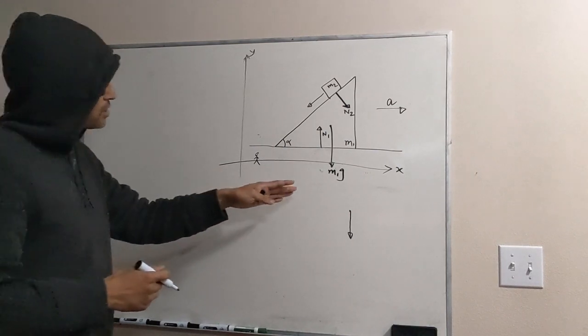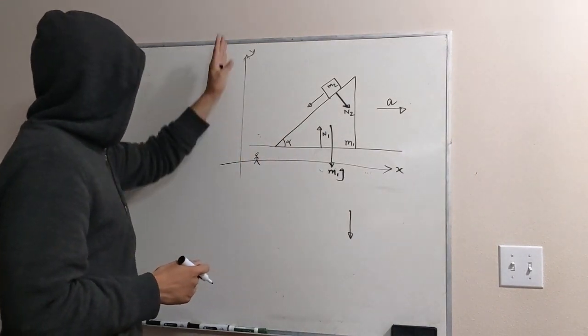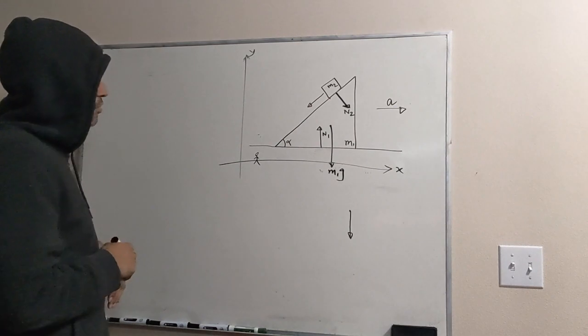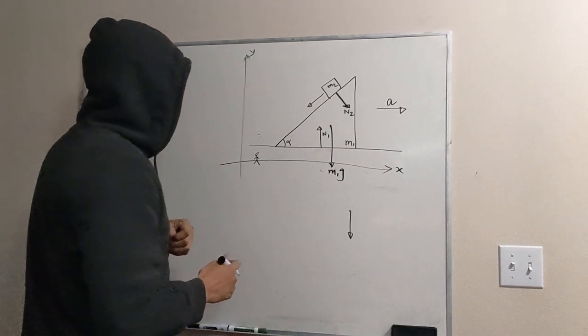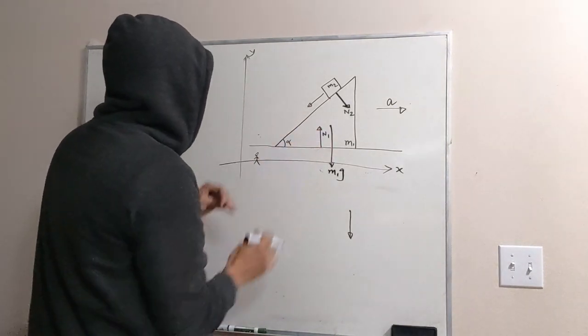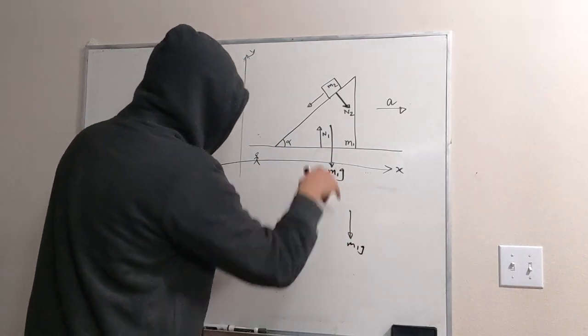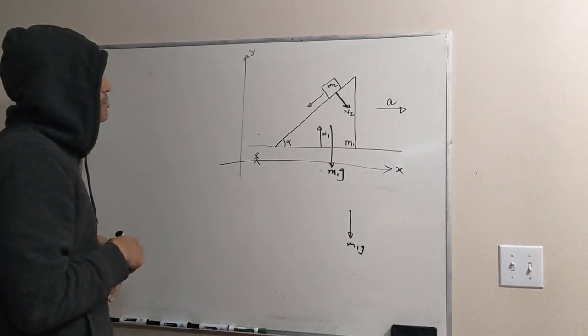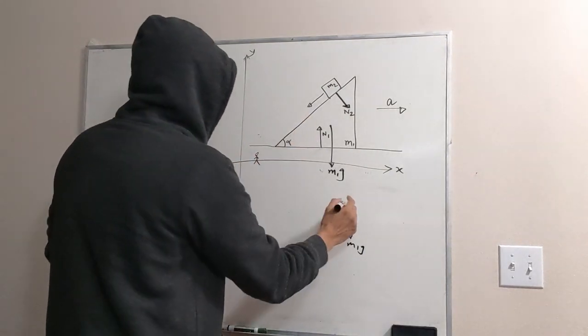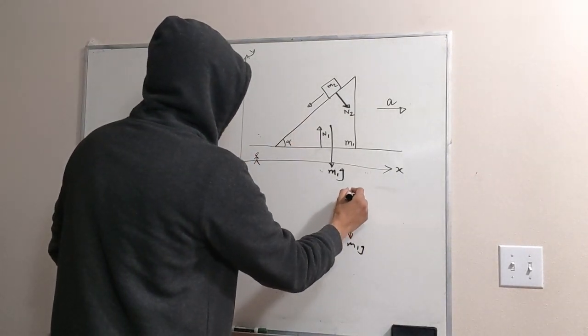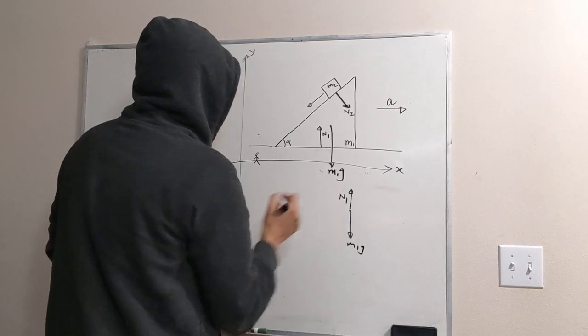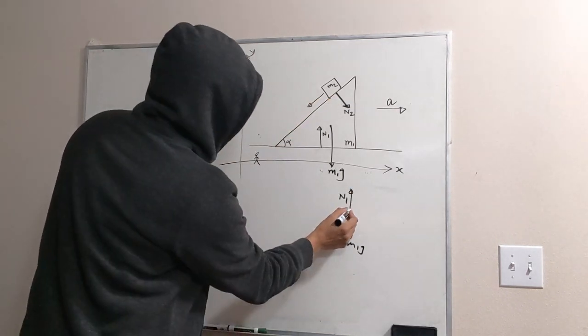Now, all the forces that are acting from your perspective, from this frame of reference, you are seeing the forces that are acting on m1 are m1g towards this direction, the negative y direction, and on the positive y direction there is a force n1, and obviously there is a force n2 in this direction.